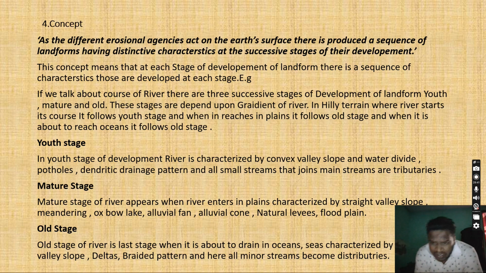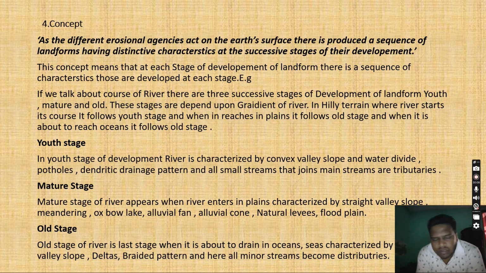What happens? We can identify that the river is in the youth stage when various minor streams or tributaries within a catchment area join a mainstream river and develop a dendritic drainage pattern. What is a dendritic pattern?